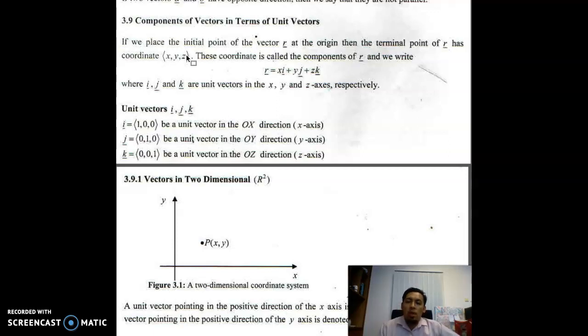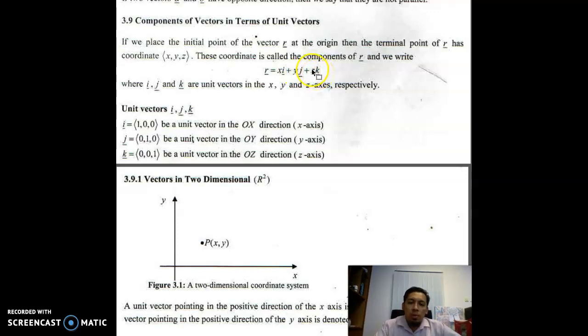If your vector is three-dimensional, you will have x, y, z. If you can imagine, you should have three axes, x, y, and z. So those are the components. And if you want to write it down, it is actually the equation for it. So you have x i plus y j plus z k.